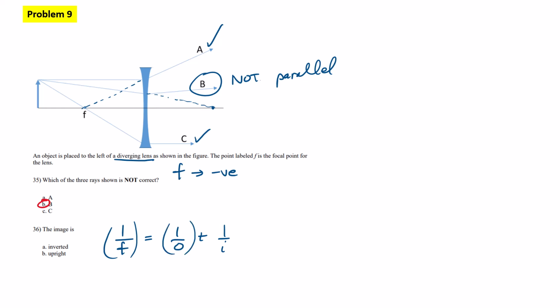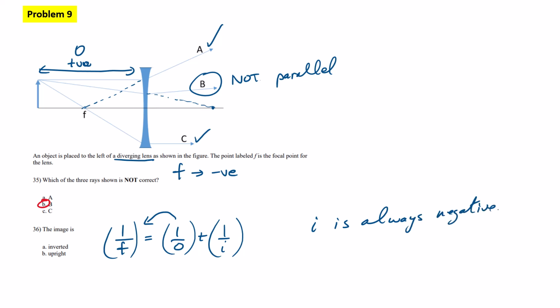Now, my object distance, I always define that to be a positive value. O is always positive. But when I bring that term onto the other side, because I want to solve for the image, notice it will become a negative value. So I here is always going to be negative for a diverging lens.